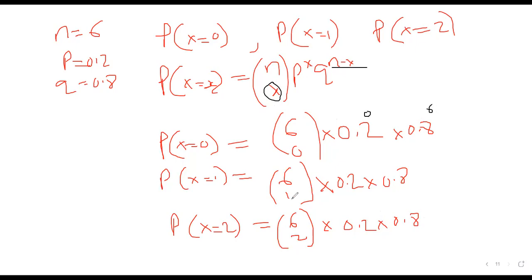So tell me, where does the 1 go? On the 0.2. Then what comes here? 6 minus 1, which is 5.